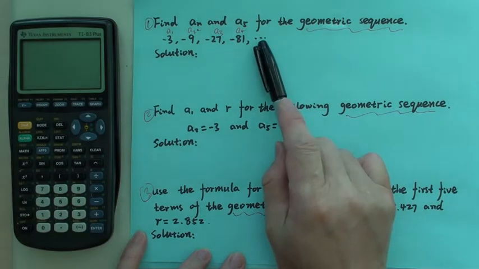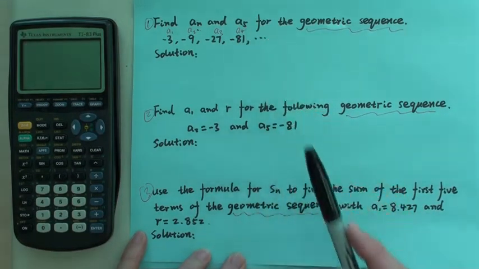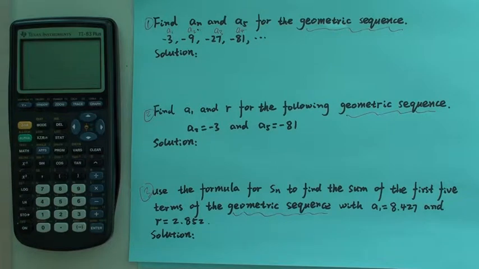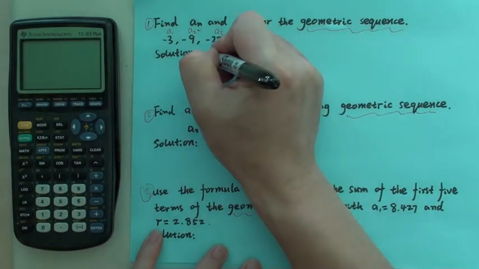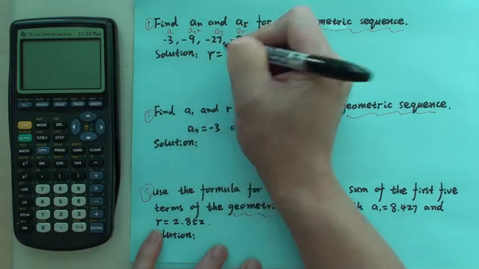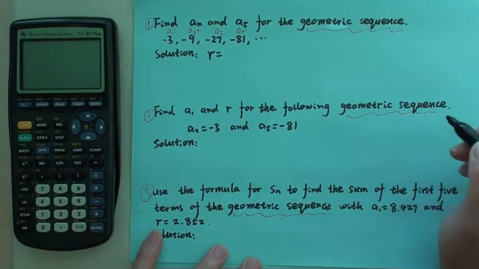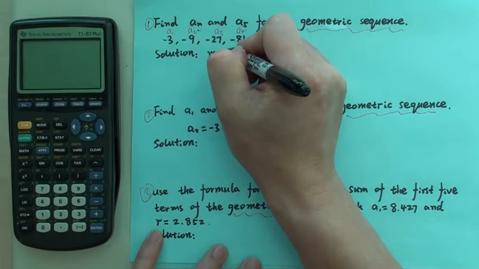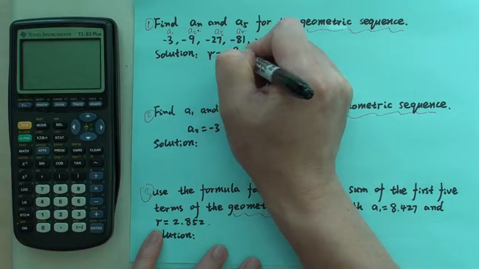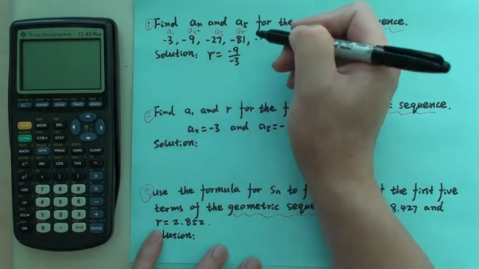So how does it look for a fifth? First of all, we need r, the ratio. r is always the next term divided by the first term.